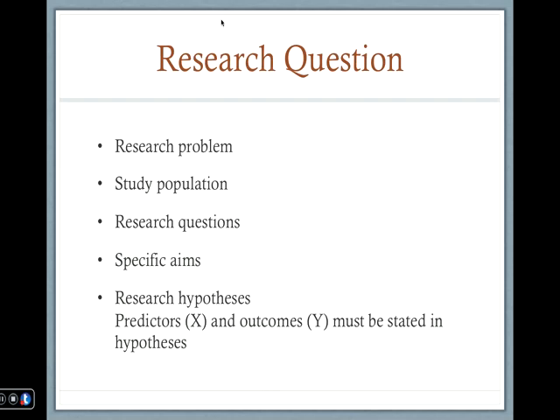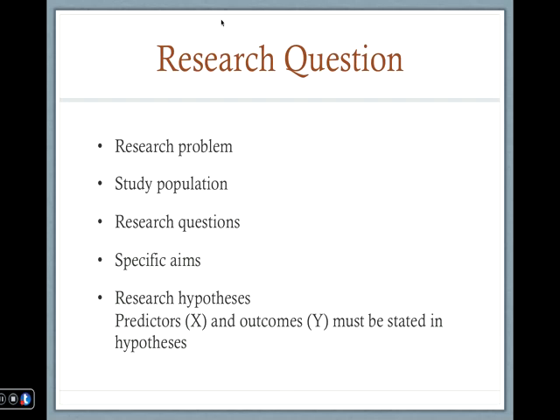The research question looks at the problem and the study population. Again, that is the population of interest, and of which we're going to get a sample. It's virtually impossible and economically unfeasible to poll every single person in a population of interest.